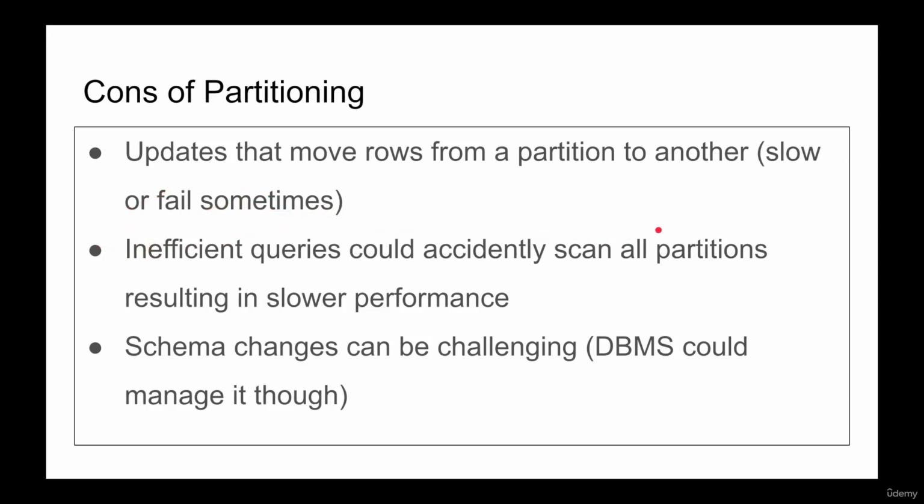Inefficient queries could accidentally scan all partitions. So yeah, if your queries include a where clause that lets the database know which partition to hit, everything is rosy. However, if your query is inefficient, you will end up scanning all the partitions, and this might actually result in slower performance than just having a single table, right?